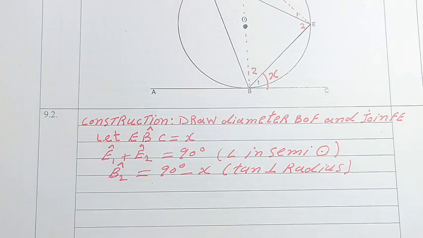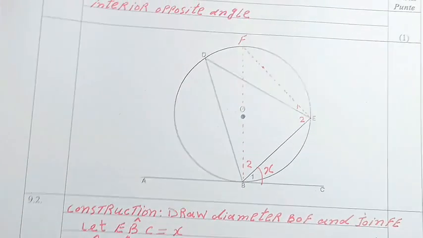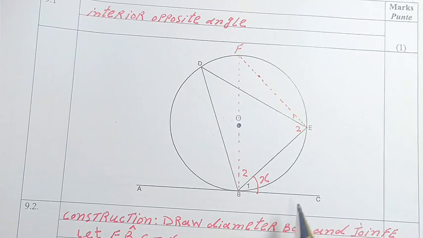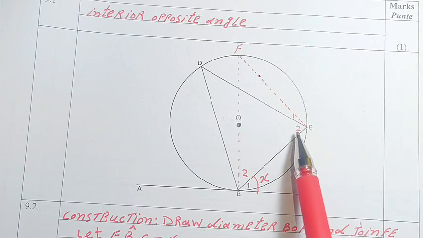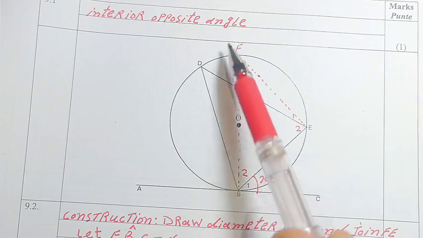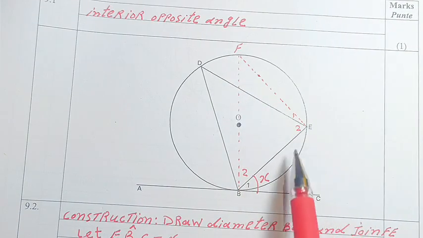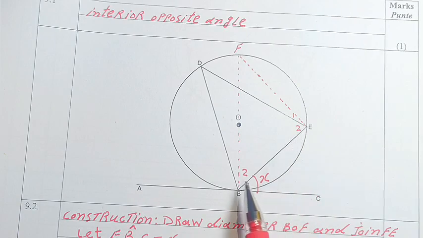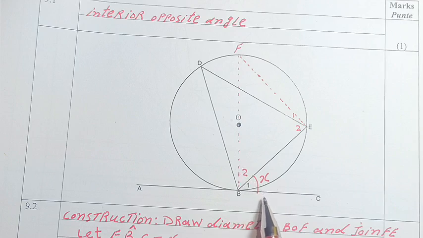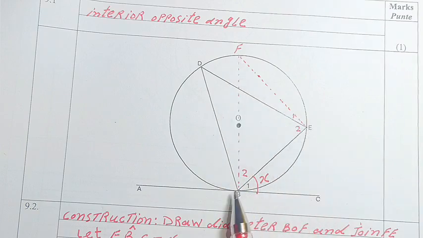Now angle F. Let's remember E1 and E2, or FEB, is 90 degrees, because BOF is a diameter, angle in semicircle. This whole angle, tan perpendicular to radius, is 90 minus x. Now we use triangle FEB.